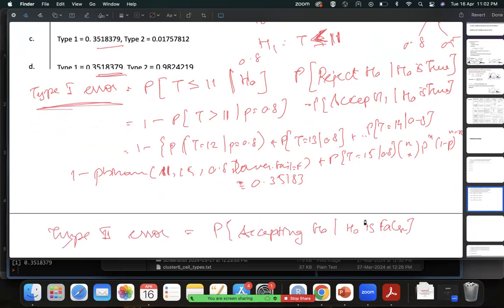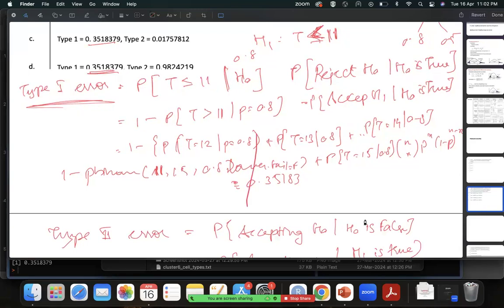In other words, the probability of accepting H naught given H1 is true. So what is the probability of accepting H naught? It is the probability of T greater than 11, given p equal to... what was the probability under H1? 0.5.